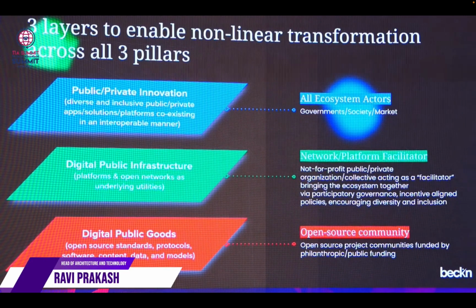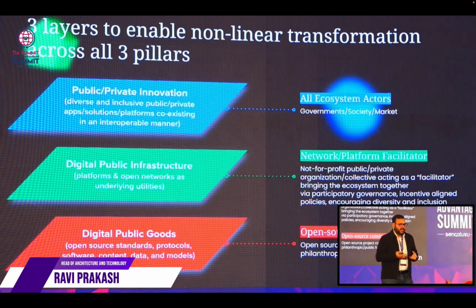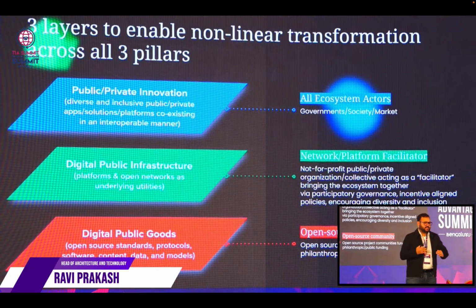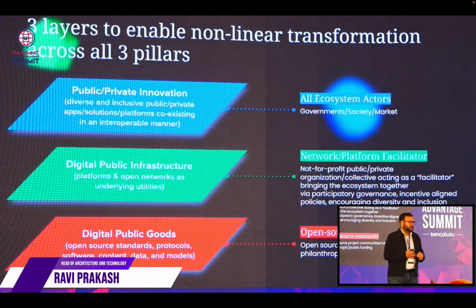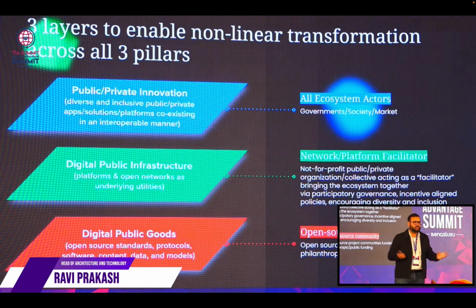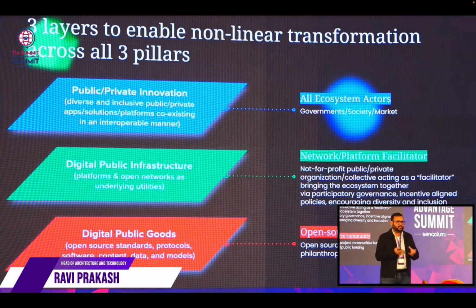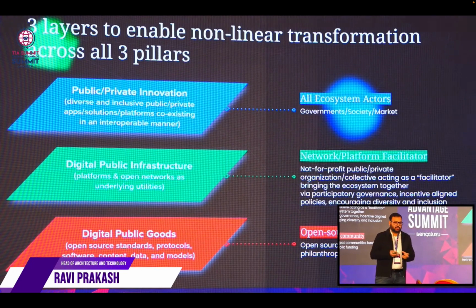Mostly this is a tech infrastructure, but orchestrated by institutions, like governments or consortiums, etc. And naturally, with the existence of the DPG layer and the DPI layer, it creates a natural innovation in the public and private sector. It comes out as an emergent behavior. Nobody needs to force it; automatically, these things start coming out.